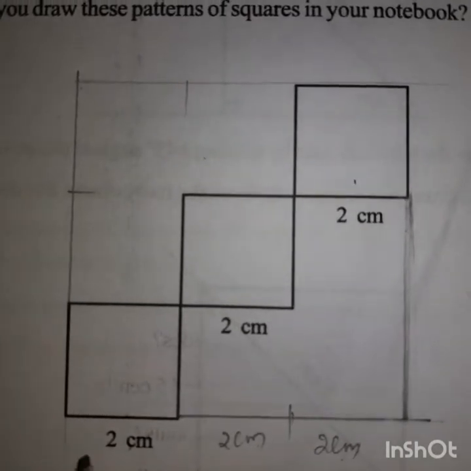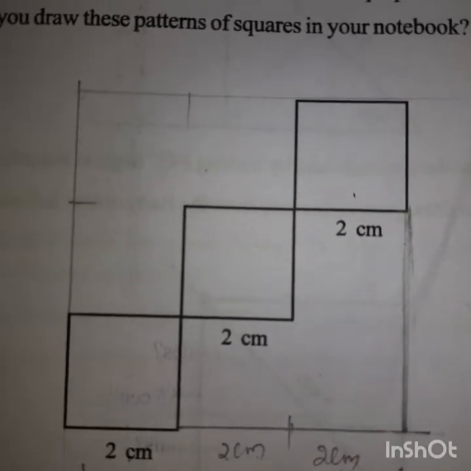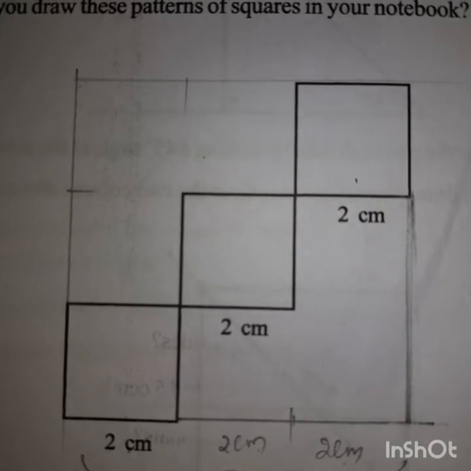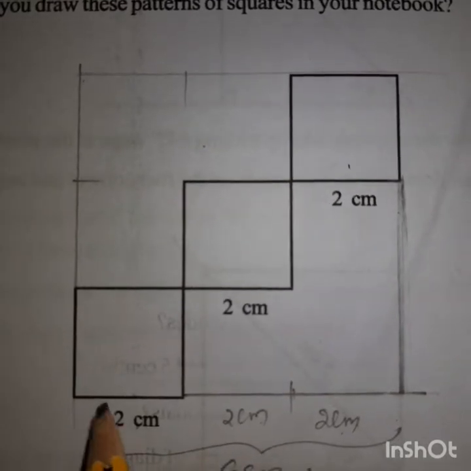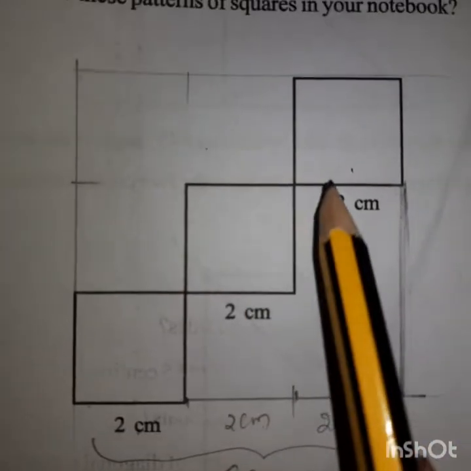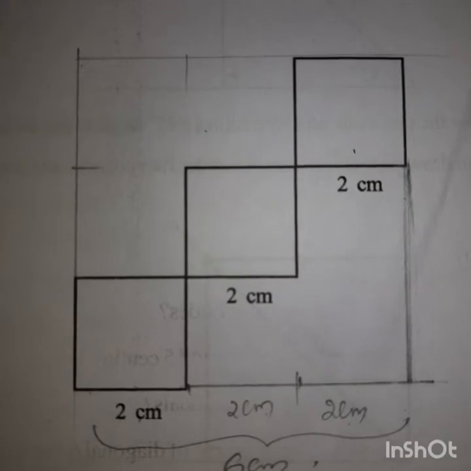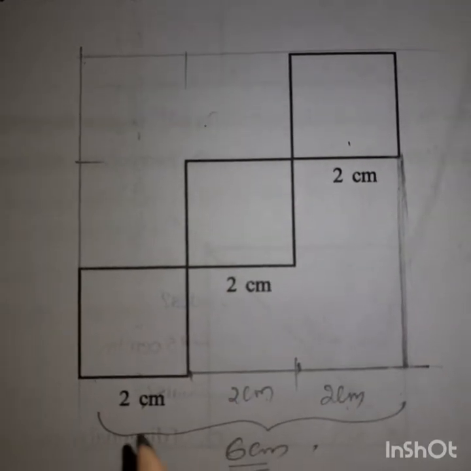So the total length is 6 centimeter. So first of all you have to draw a 6 centimeter square, and from that you have to mark 2 centimeter lengths, find the pattern and erase the unnecessary parts. So you will get the required pattern.